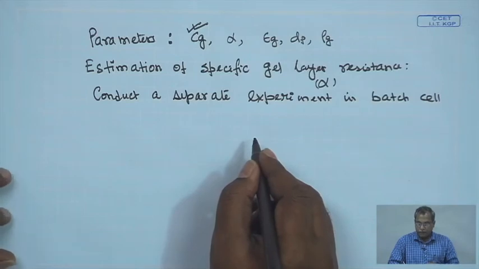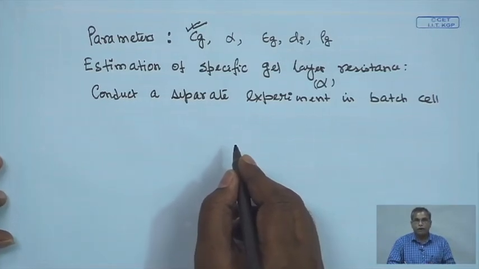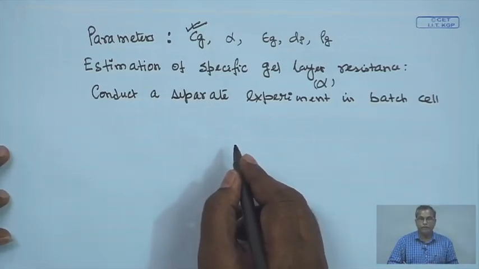We will develop a theory for the permeate flux profile in a batch cell, and then we will see how the specific gel layer resistance can be estimated quite easily by conducting a separate set of experiments in the batch cell.